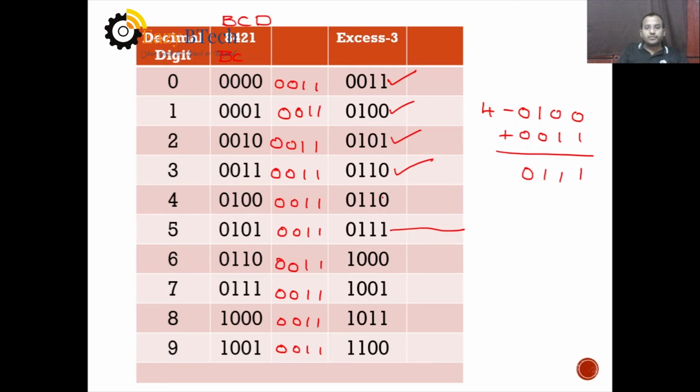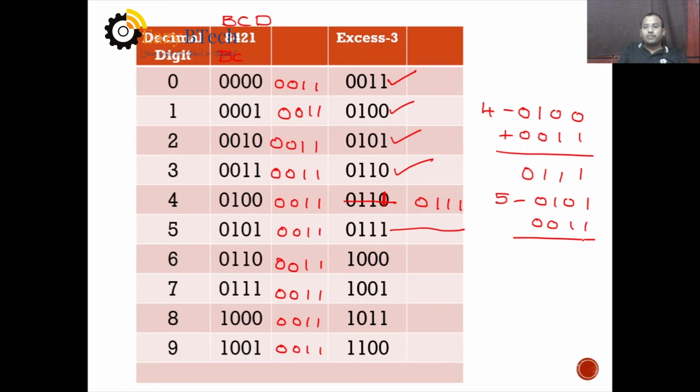4. So here, sorry, here it has to be 1. So if we add 4, this is a representation of 4. So this has to be 0, 1 1 1. For 5, it is 0, 1 0 1. So if we add 3, 0 0 1 1.